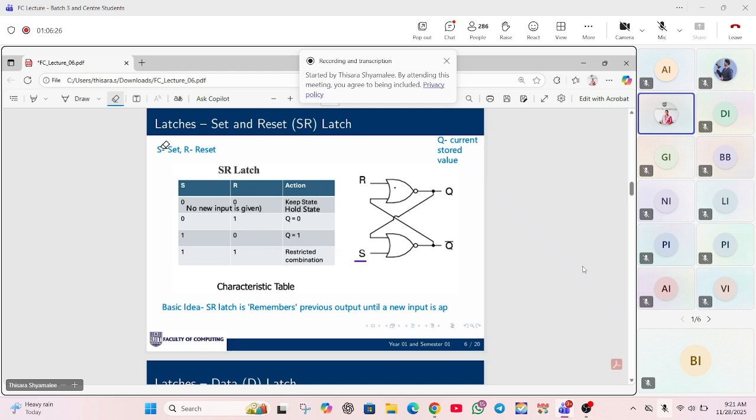However, S equals 0, R equals 1 we call the reset state.